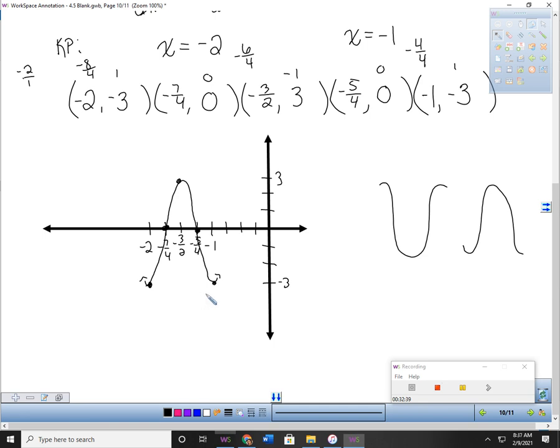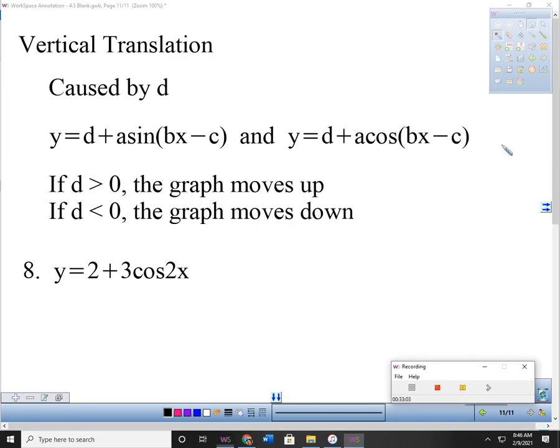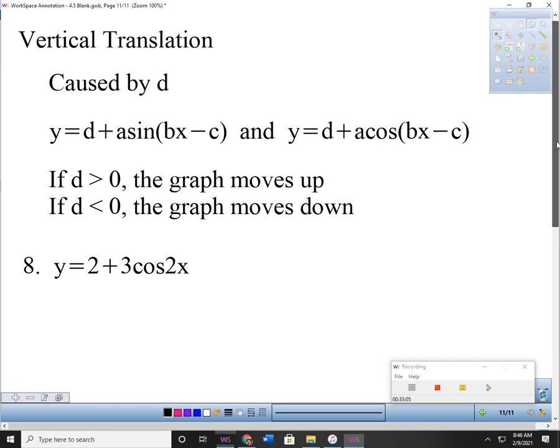And then multiplying on the inside will stretch it out long ways, left and right. And adding and subtracting a number on the inside shifts it left and right. Here we go. Here's our vertical translations. So if I add or subtract a number to the whole equation, now this could also be like this.